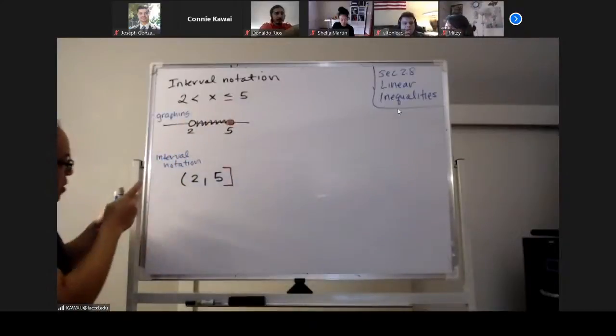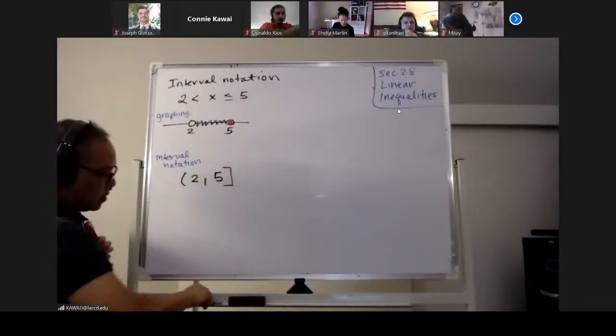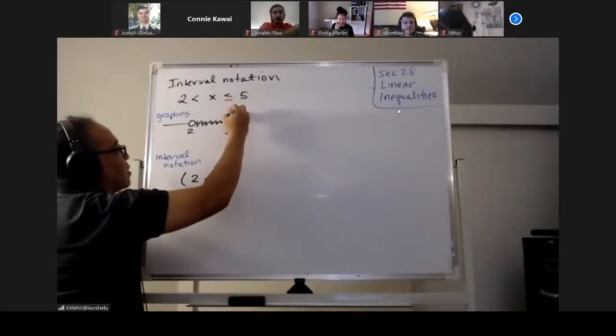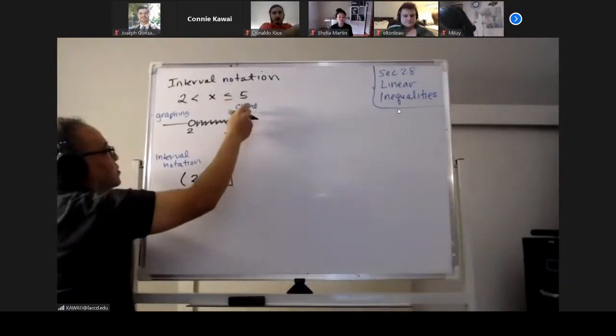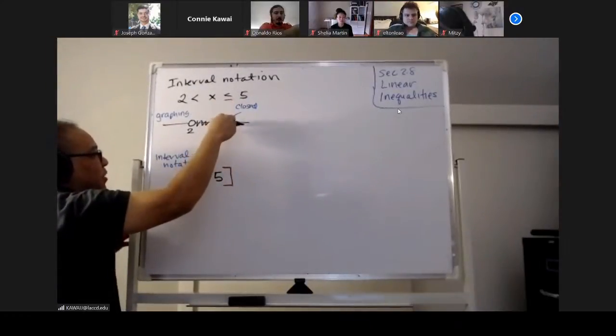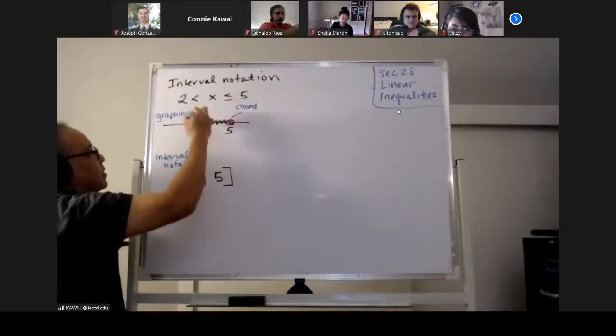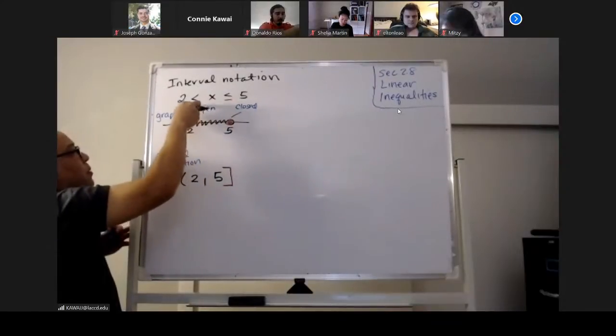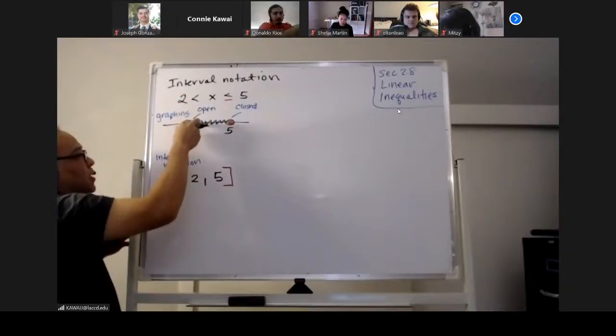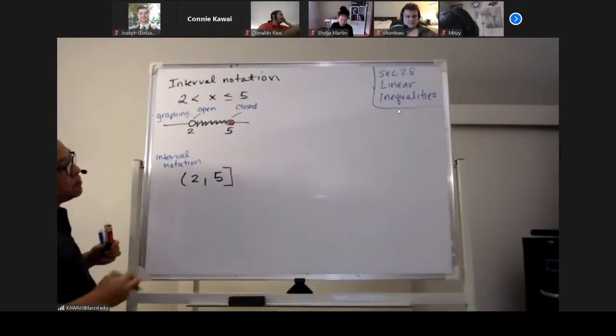So we call this right here closed. Closed means the same thing as equal. Closed means that we filled in that dot. We call this open. Open means the same as not equal, meaning that you cannot be 2. You have to be older than 2.